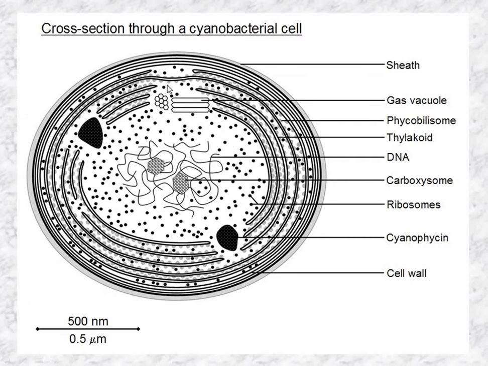But these membranes, which are present just inside the cell membrane, are thylakoid membranes. These membranes have chlorophyll, and the chlorophyll is just like the eukaryotic chlorophyll, along with a blue pigment. So photosynthesis occurs over here in these structures, or in these thylakoid membranes.